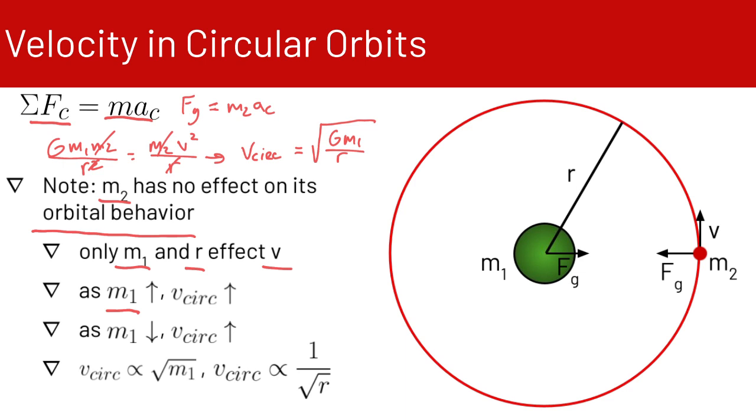As m1 increases, the velocity of the circular orbit increases. As m1 decreases, the velocity decreases. The circular orbital velocity is proportional to the square root of the mass, and proportional to 1 over the square root of the radius.